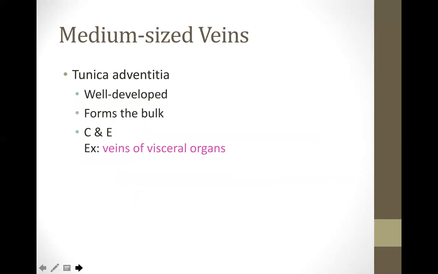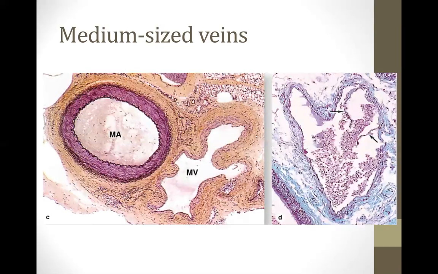But your tunica adventitia is the well-developed tunica in the medium-sized vein, and it forms the bulk. It also contains your collagen and elastic fibers. All veins of the visceral organs are considered medium-sized veins. Tandaan nyo yan, ha? Veins of all visceral organs are considered medium-sized veins.